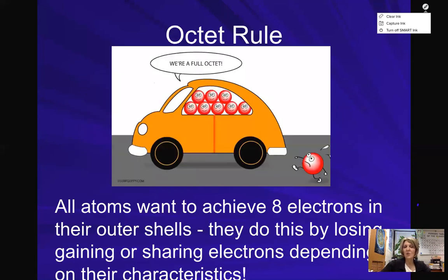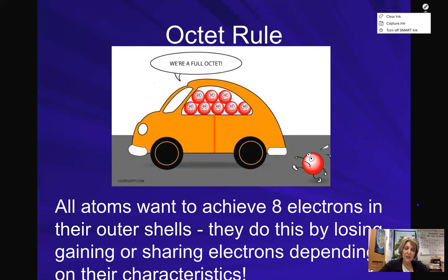So this goes back to what we call the octet rule. Octet means 8. And so all atoms want to achieve 8 electrons in their outer shells. That's what atoms live to do. They want to get to 8.